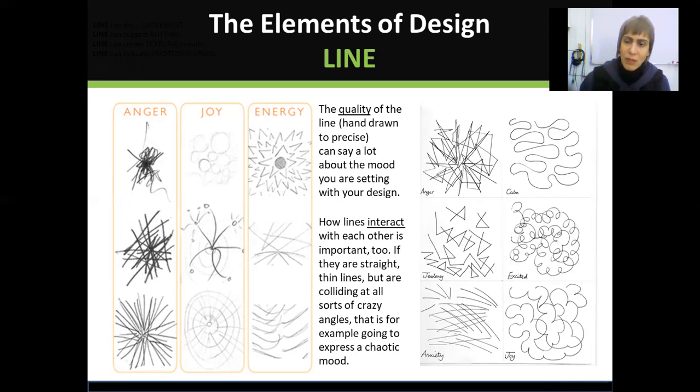They make us feel a negative emotion. So emotions we can divide into negative and positive, and then decide what kind of lines, and what combination of lines, not only what types, to use to make this emotion come out in our design.